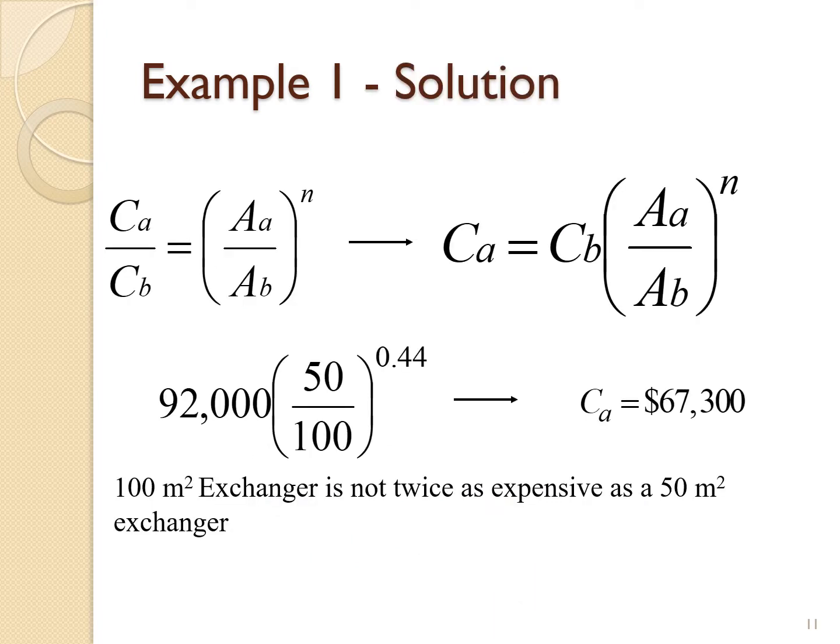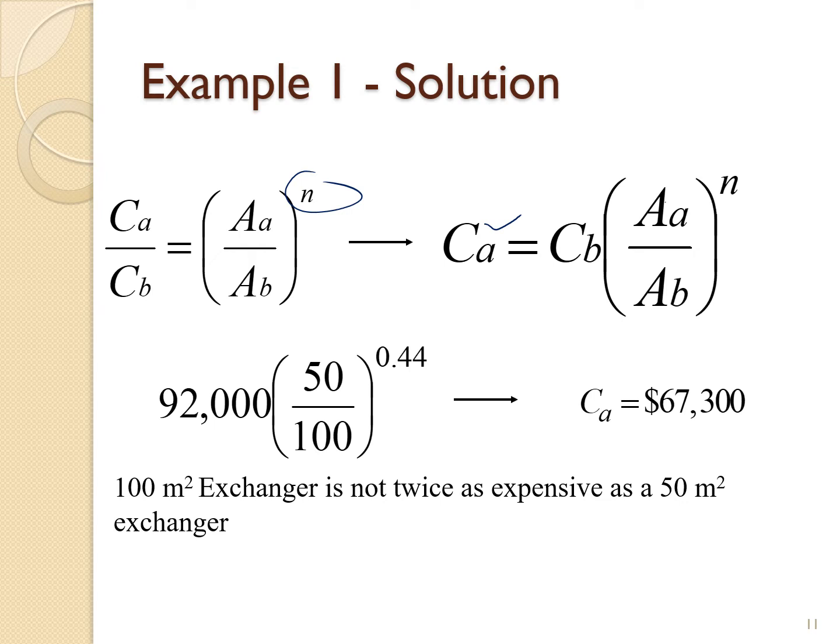So using the formula from the previous slide, CA over CB equals AA over AB to the power of n. CA is the one that we want to know, CB is 92,000. AA is the equipment that we need to estimate the cost for, which is 50.